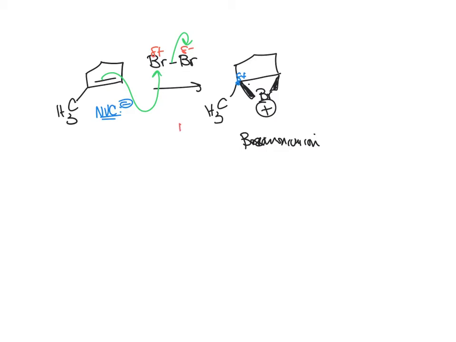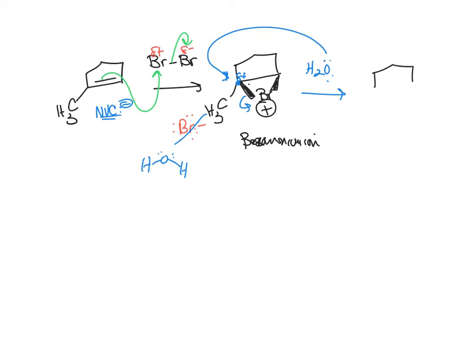So now my bromide would come in. But now we're swamping it with water. So you also have a lot of water, which is also a nucleophile. So this is going to be in water. Now water can come and attack here. Backside attack.